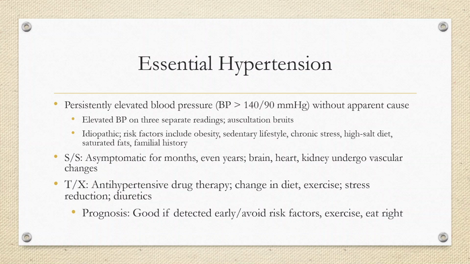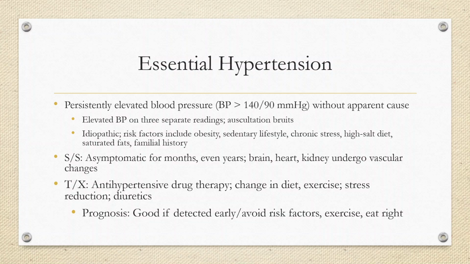Our next condition is essential hypertension, or we commonly know this as hypertension or high blood pressure, and so just that persistently elevated blood pressure. This is very common. Obviously, we talk about this all the time. But to get a diagnosis, you need 3 separate readings that are elevated.